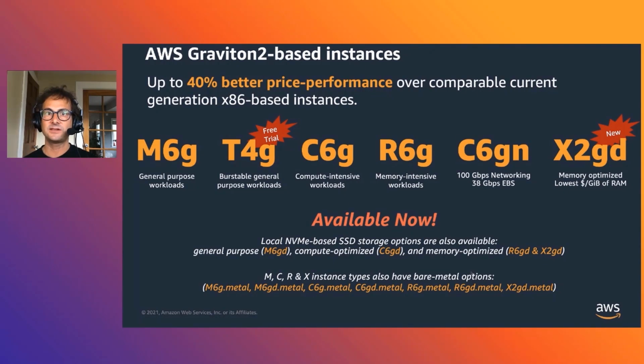So instances where we have removed the virtualization layer so that you can directly access the processor and do things like testing or experimenting with your own virtualization layer, or accessing the lower level performance counters to do sophisticated performance analysis.